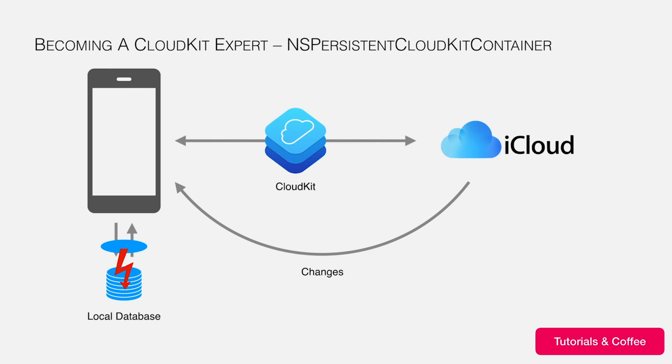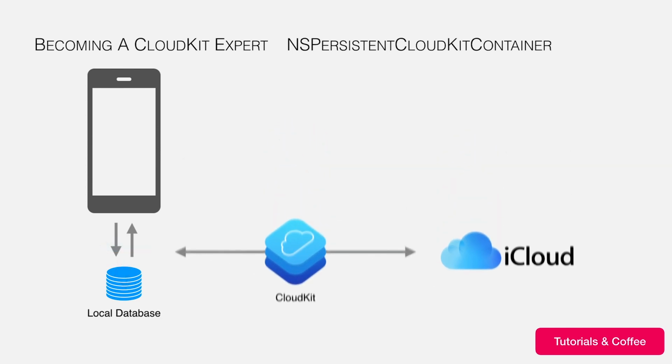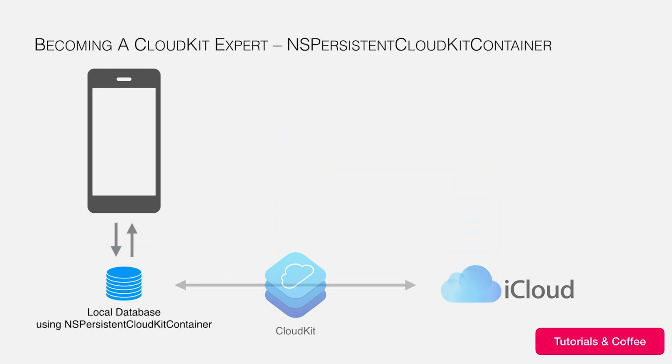And now is when the NSPersistentCloudKitContainer comes into play. Because what this class does for us is it takes all that synchronization stuff from us and handles it completely automatically in the background. So in this screen you can see the CloudKit logo is a bit faded out, and that's because we do not work with CloudKit anymore.